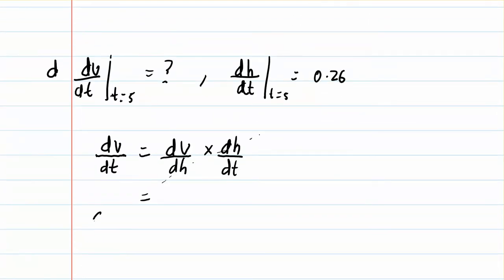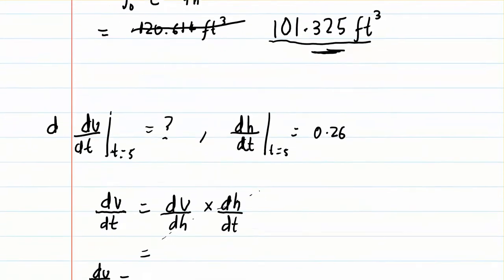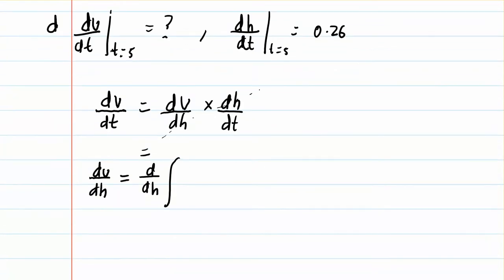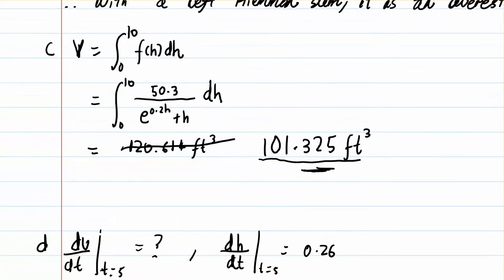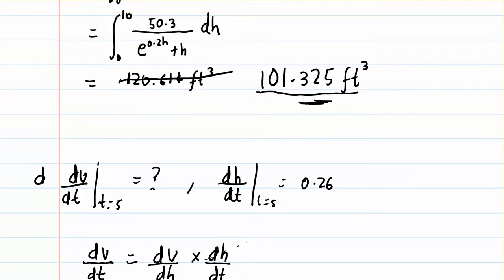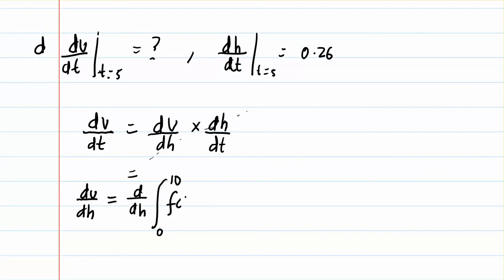dV/dh is just the derivative of V with respect to h. So dV/dh is equal to d/dh of the integral from 0 to 10 of f of h dh.